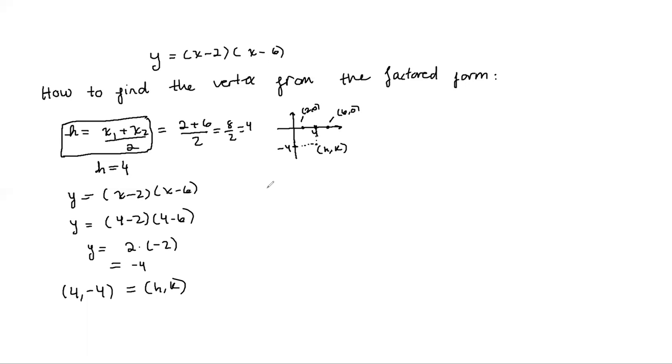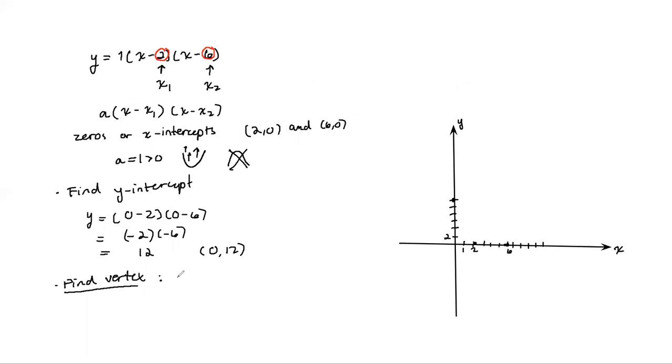So that being said, I have now found the value of my vertex. So I can go back here and we have found that the vertex is (4, -4), which I can just put here. So here is 2, so minus 2 and minus 4.